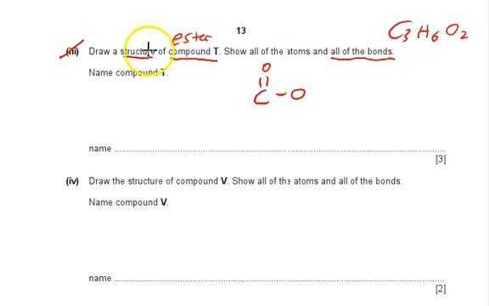So they are asking for the structure. So one C already have here. So it's up to you whether you want to put 1C here or 2C over here. So here we have a limit of the 3C. So we can put here 1 and here 1. Alright. So the rest here will be the hydrogen.